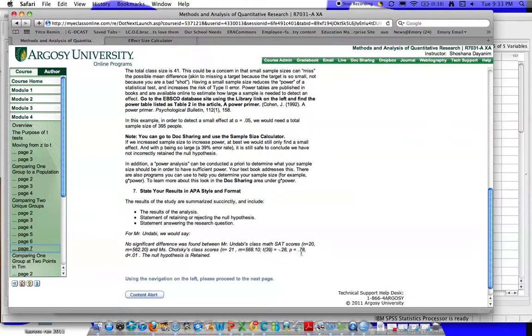Because this is not significant, you really don't need to report the Cohen's value, but you certainly can. And in this case, the null hypothesis is retained because we found no differences.